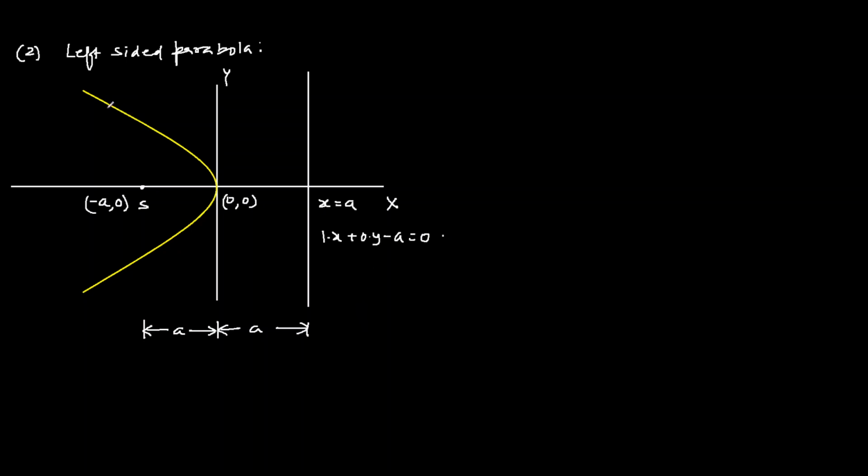Any point on this parabola is P, and PK is the perpendicular distance of point P from the directrix, and this PS is the distance of any point on the parabola from the focus. We know that PS by PK is e, which is equal to 1 for a parabola, or PS is PK.